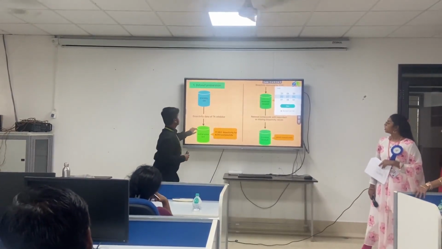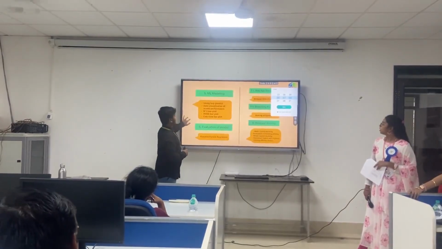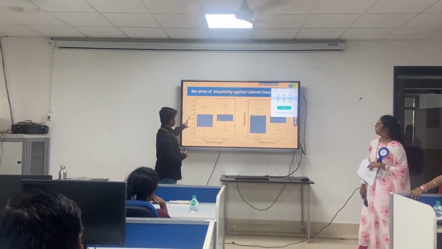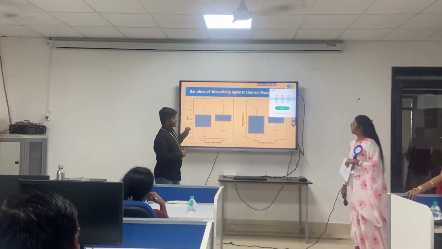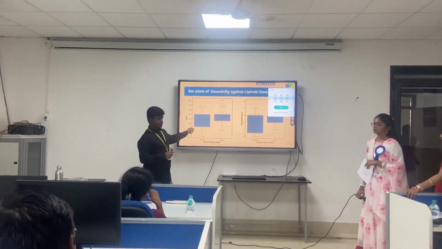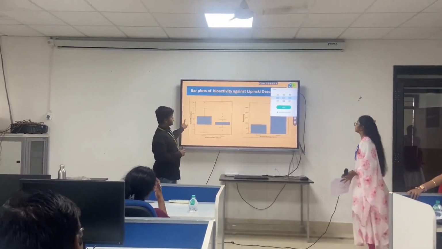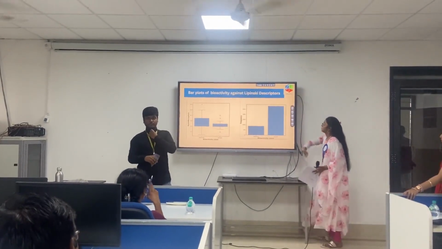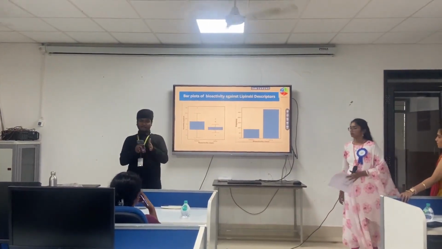How many attributes are there? Here you can see I've taken molecular weight. This one is a box plot, right? Yes, oxygen, and the number of hydrogen bonds. You're giving a box plot for each attribute? Yes, comparing the inactive and the active.